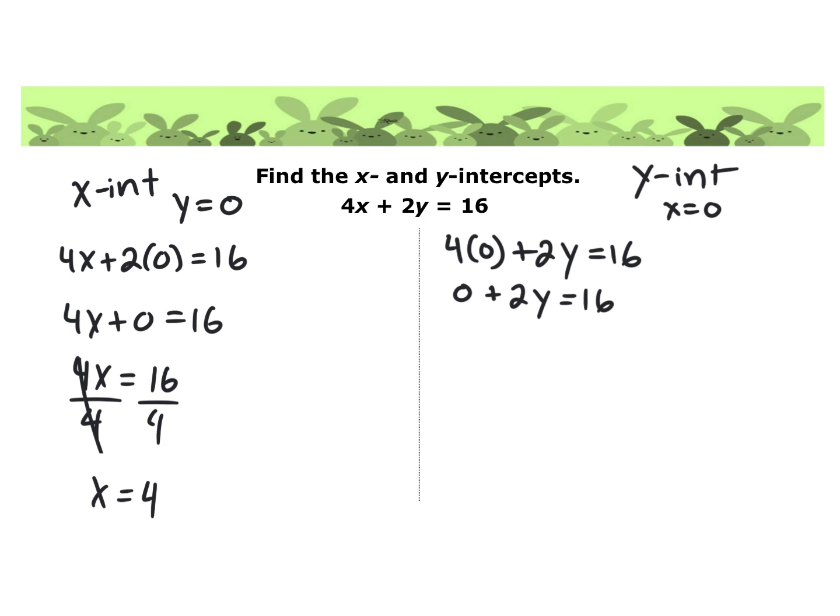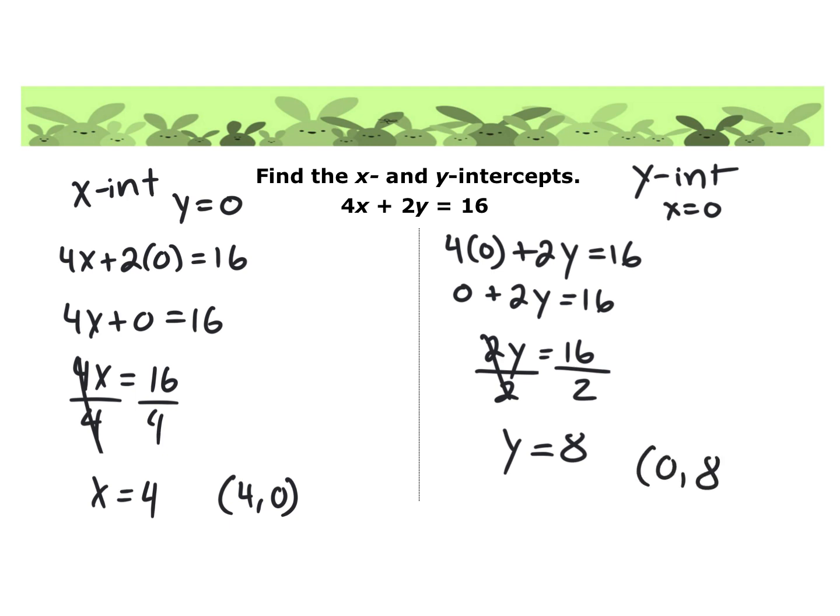I'm just going to not write the 0. 2y equals 16. Divide by 2, divide by 2. And I get that y is equal to 8. So our x is 4, so 4, 0, and 0, 8 for the y-intercept.